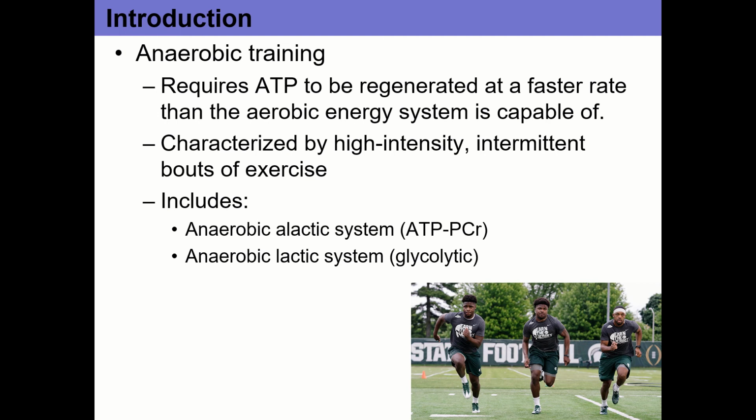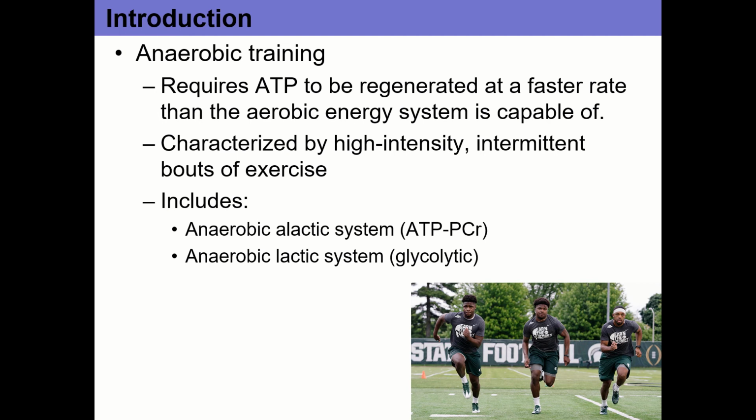So anaerobic training, really what we're talking about here, again, is sprint type training or lifting weights, because for those types of things, you're going to be using ATP so rapidly that you can't possibly deliver and use oxygen to the muscles and reproduce ATP aerobically at that high of a rate.